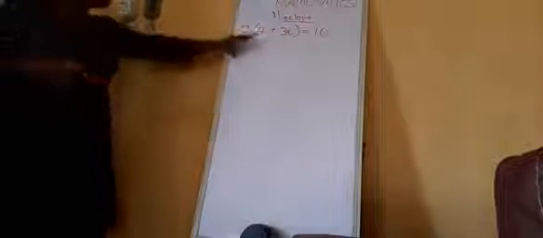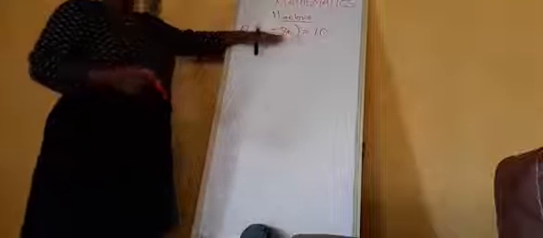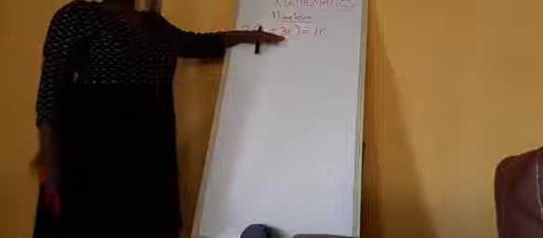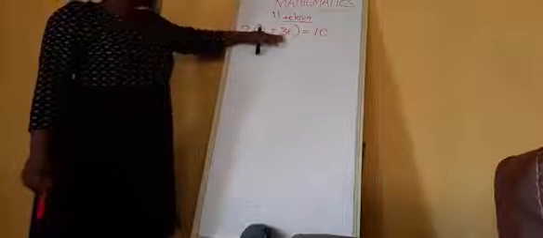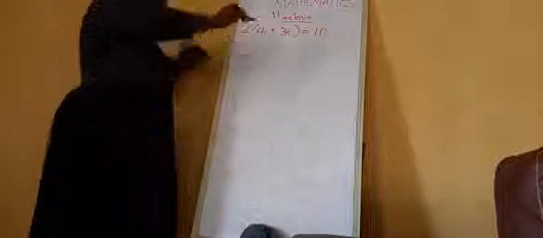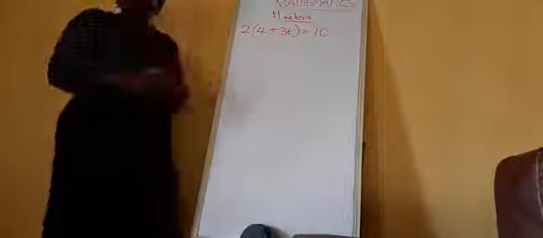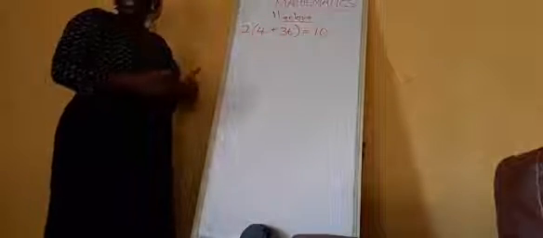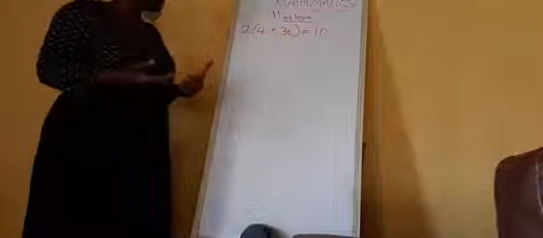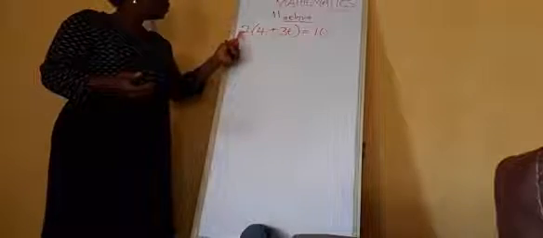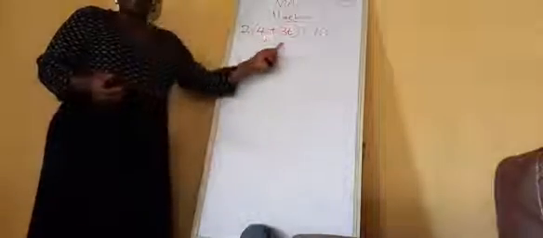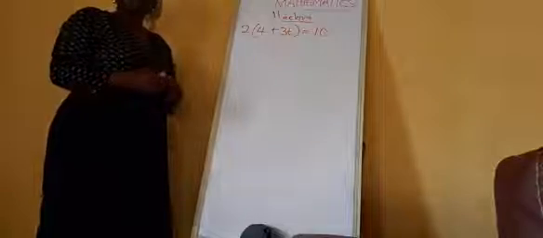It's very wrong to start solving the problem like that. The first thing that you need to do is to clear the brackets. How are you going to clear the brackets? You multiply 2 by the numbers here.